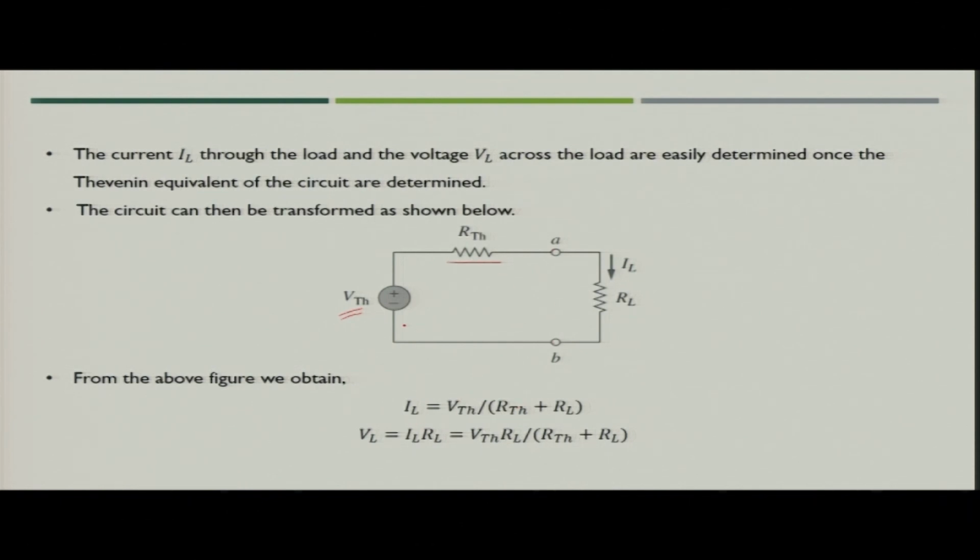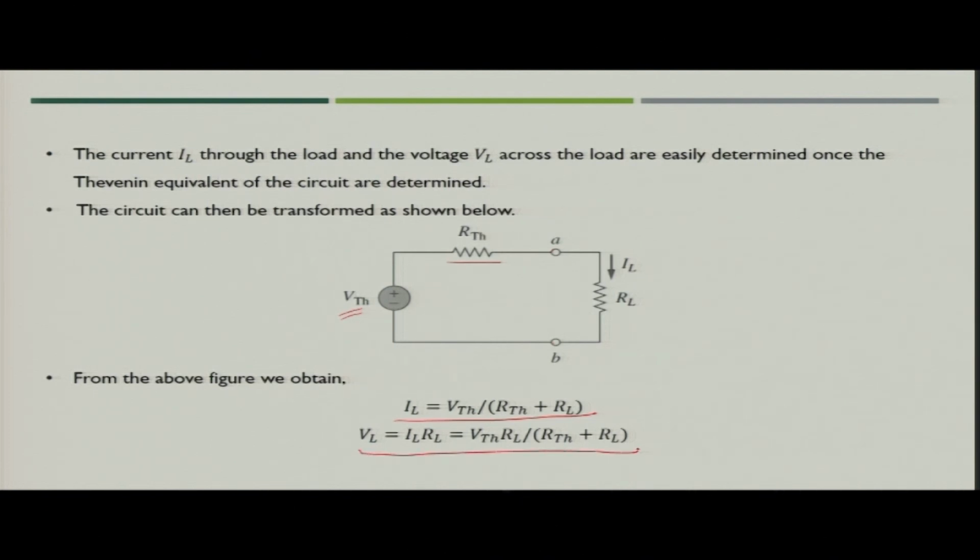Simply, the value of current IL would be the voltage VTH divided by RTH plus RL. That is simply Kirchhoff's voltage law, which you can apply to get the value of current IL.